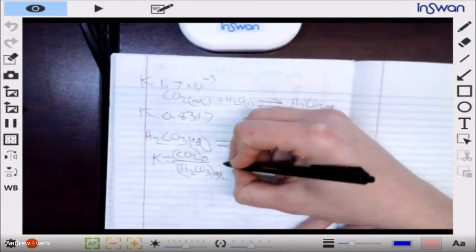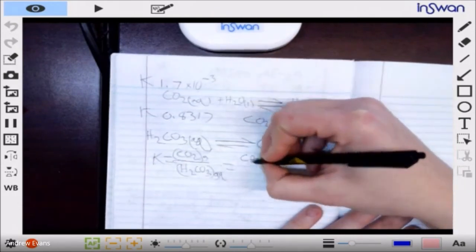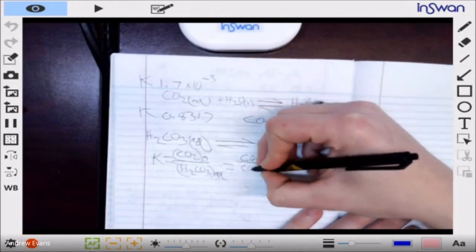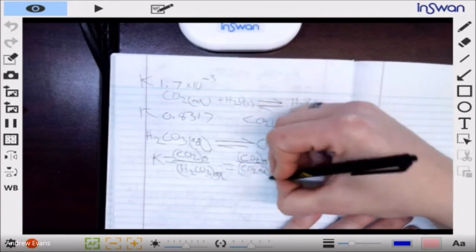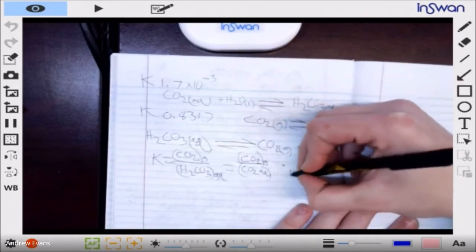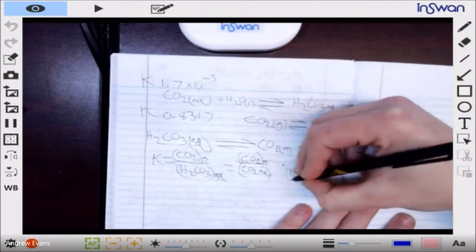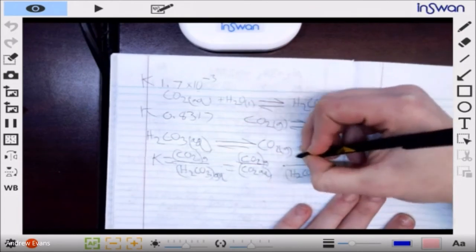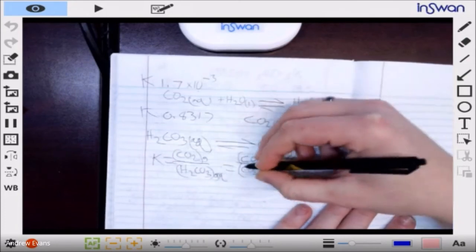Well, how did we get there? We have our CO2 gas over CO2 aqueous, and we have our H2CO3 aqueous over our CO2 aqueous, which will cancel out.